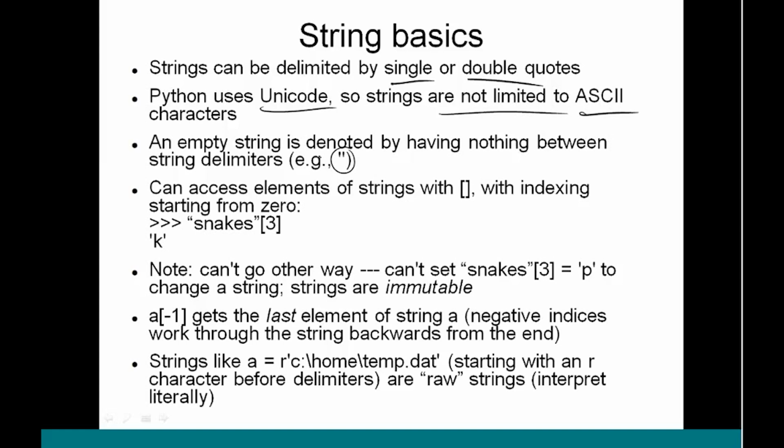We can access the elements in the string with the square brackets, the indexing starting from 0. So if you take the string and the third element, it's 0 1 2 3, so that is k. K gets printed out.